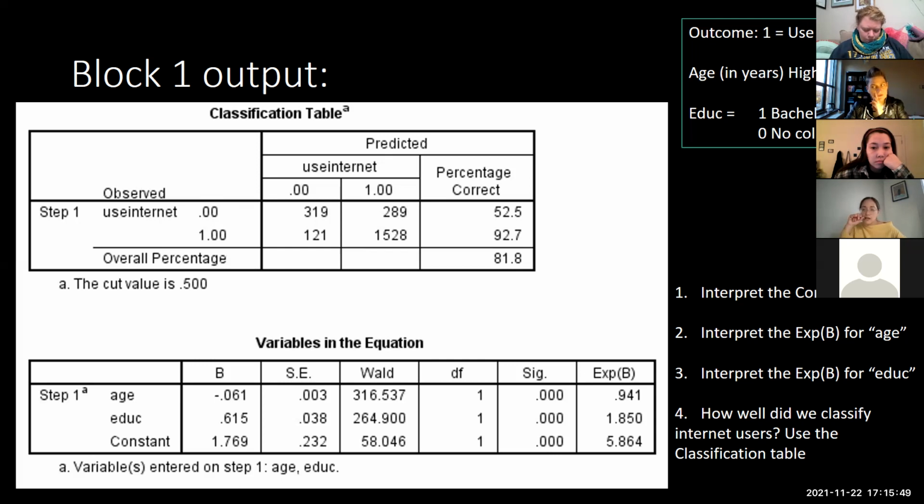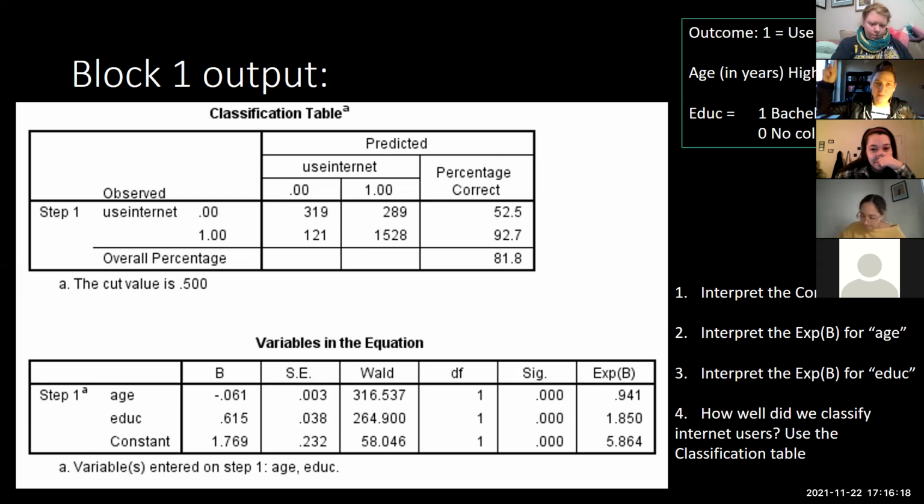So who's more likely to use the internet? Someone who is older or someone who is younger? Holding education constant. Hashtag questions I should have put here in your numbers 1 through 5.